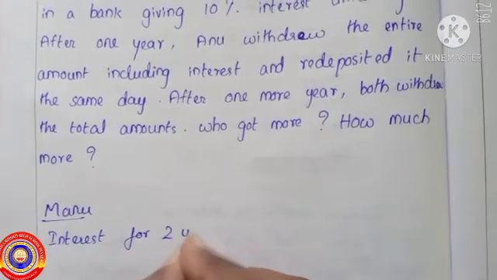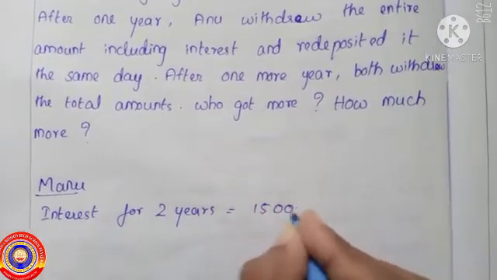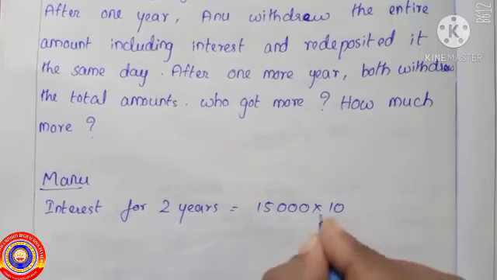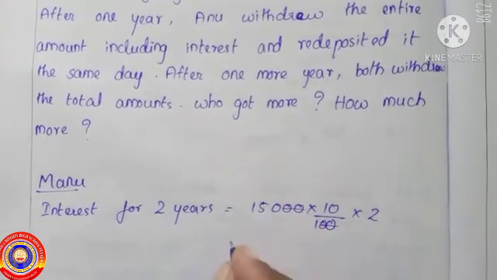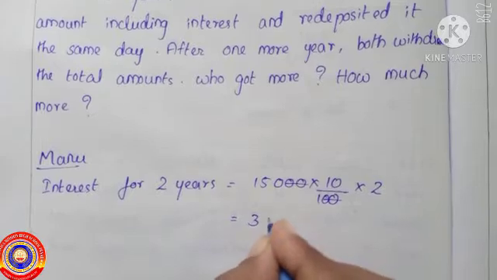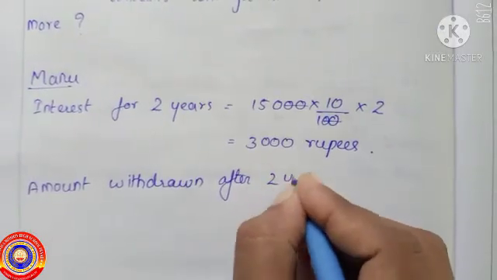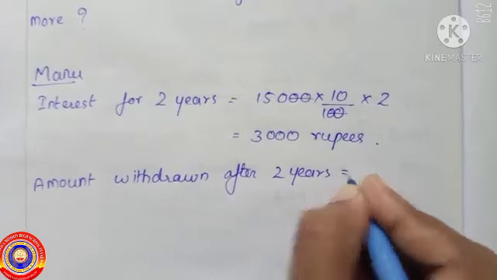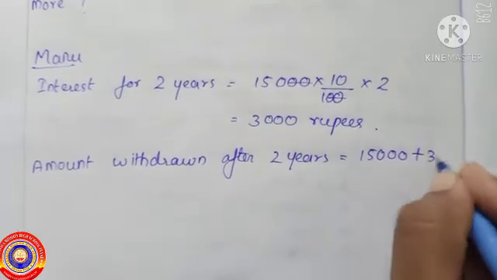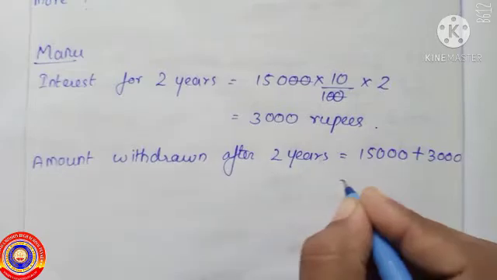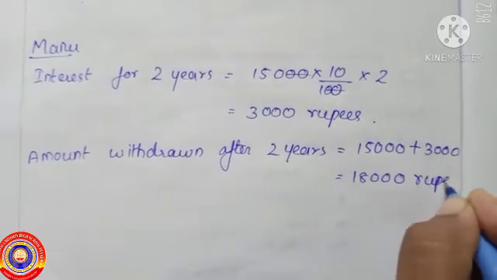The interest which Manu had got for 2 years is equal to 15,000 into 10 by 100 into 2, which is equal to 3,000 rupees. Amount withdrawn after 2 years is equal to the principal amount, that is 15,000 plus the interest, that is 3,000, which is equal to 18,000 rupees.